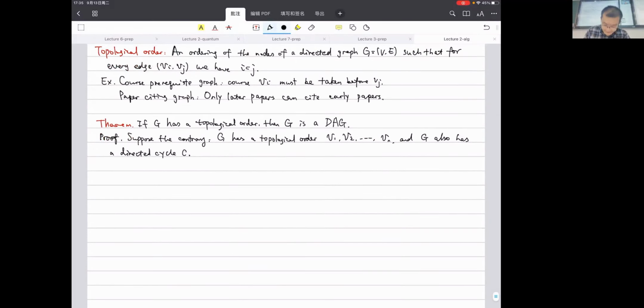So here we consider Vi to be the lowest index node in this cycle, and we let Vj be the node just before Vi.